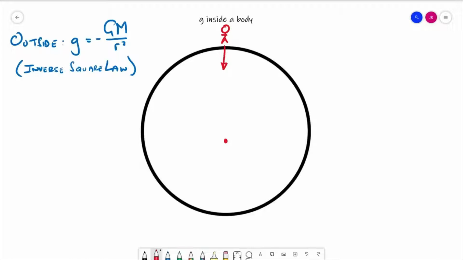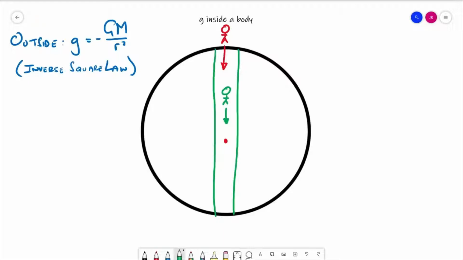The answer, very simply, is all of the mass that is between us and the centre of mass of the planet. Now, when we go inside the planet, let's say we were able to drill that hole all the way through to the other side, and we got to a point there, we're still being pulled down towards the centre of mass of the Earth.